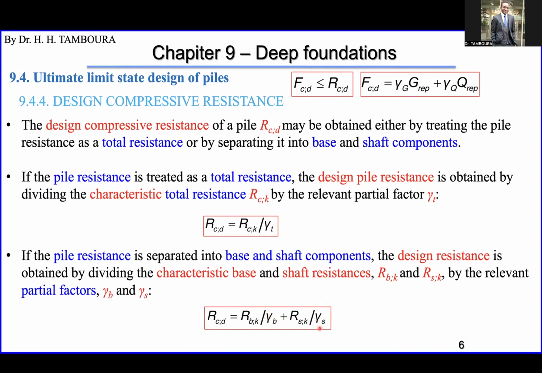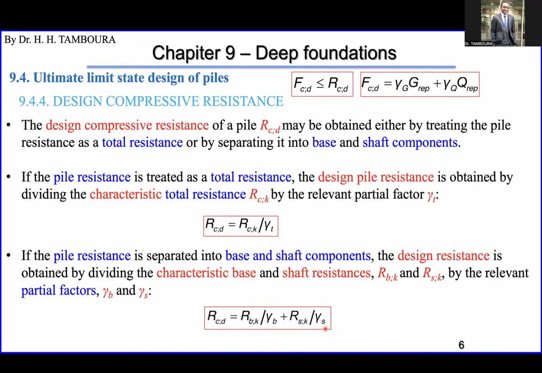You will see that the partial factor will depend on the piling method. If you are dealing with bored pile or driven pile, each piling method will affect your pile bearing capacity. That is a fact.